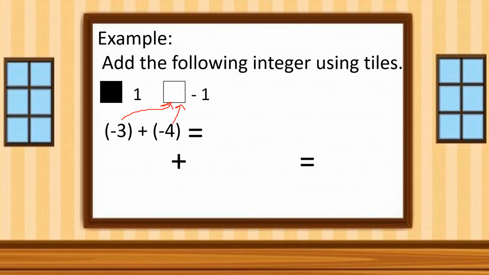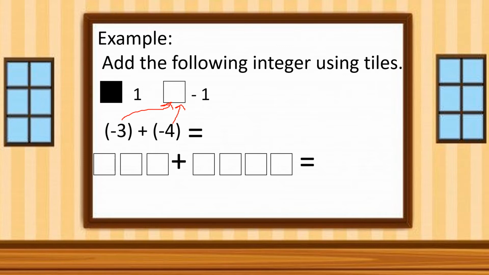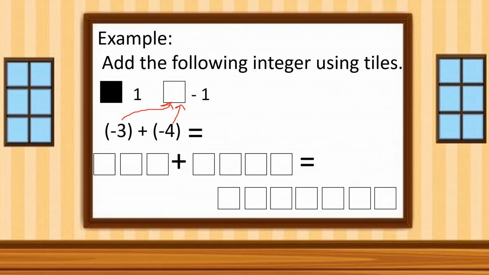So, we have here negative 3, kaya meron kayo dyan na tatlong unshaded tile or a clear tile or a white tile. Then, plus negative 4. So, we have here 4 white tiles. So, pag pinag-add natin yan, magkakaroon tayo ng how many? 7 na tile. Since ito pong nire-represent ng white tile na yan or ng unshaded tile na yan is negative, therefore, the sum is negative 7.